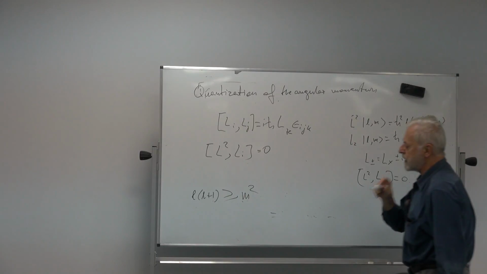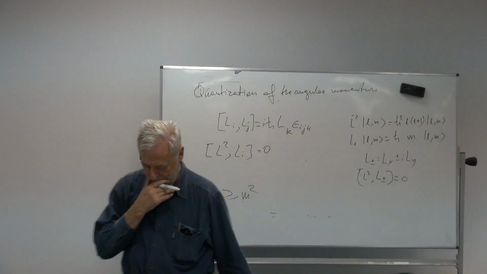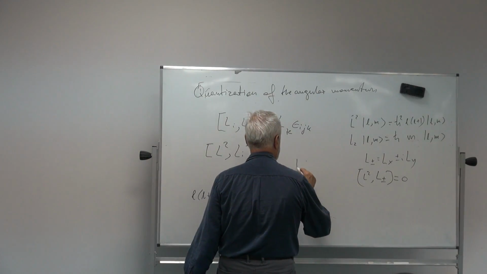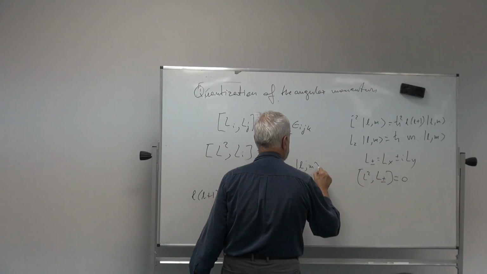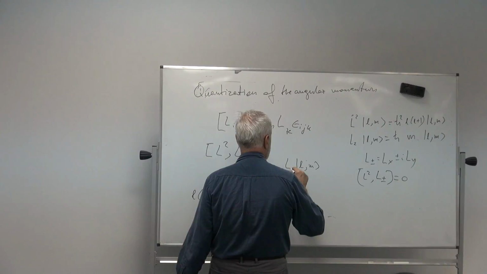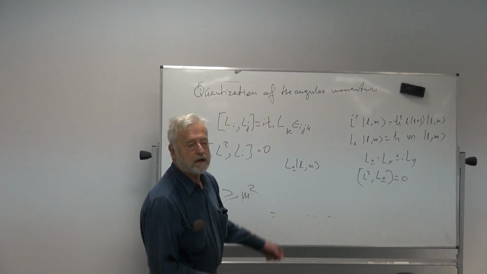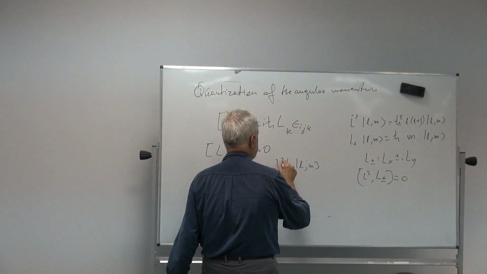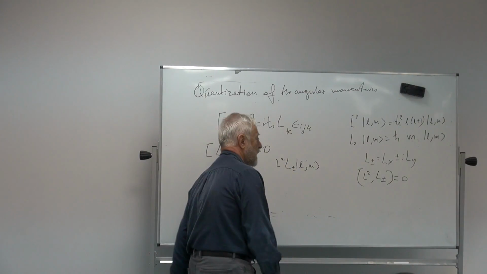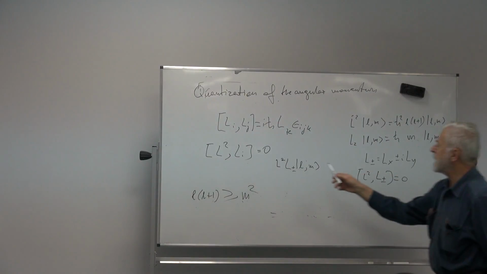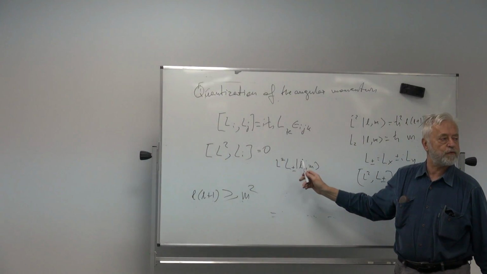What does it mean, and what is the consequence of this fact? Well, it means that if I take Lm state, and if I act on it with L plus or L minus, I'm getting some other state, and then check what happens if I act with L squared on this new vector. Because of this commutativity, I can pull this L squared through.